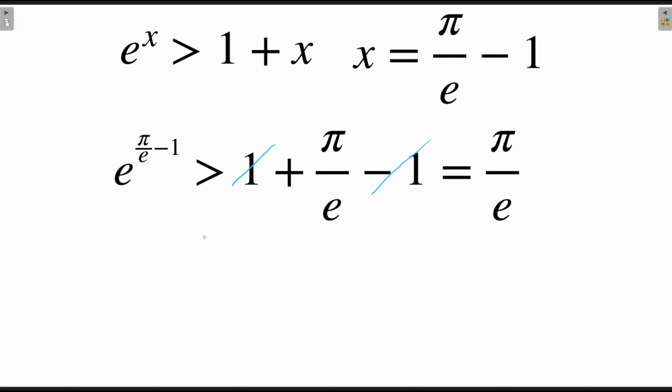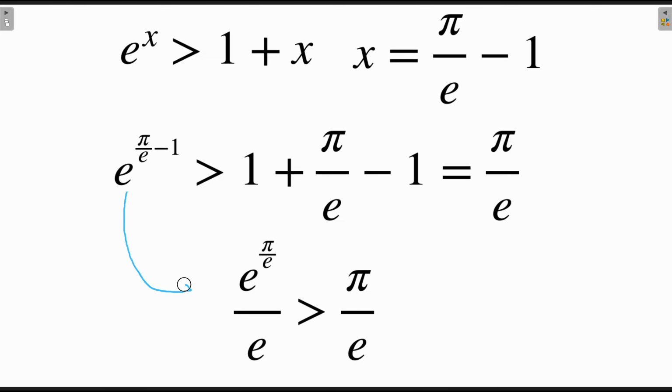Now, what is e to the power pi by e minus 1? That is e to the power pi by e, divided by e. On the right side it was already pi by e.